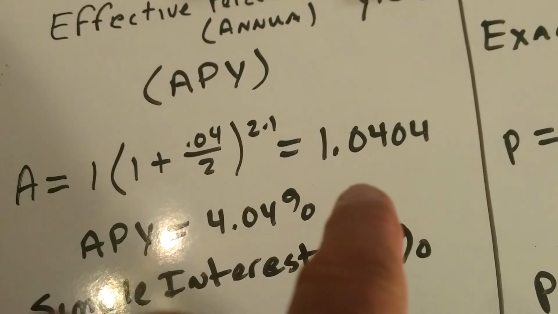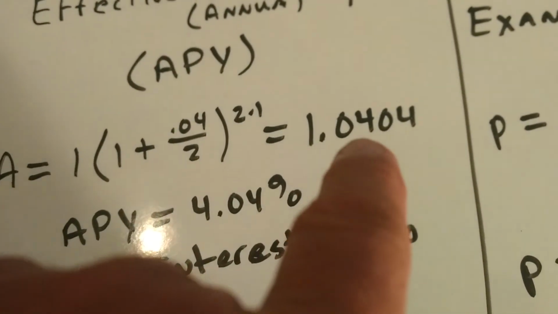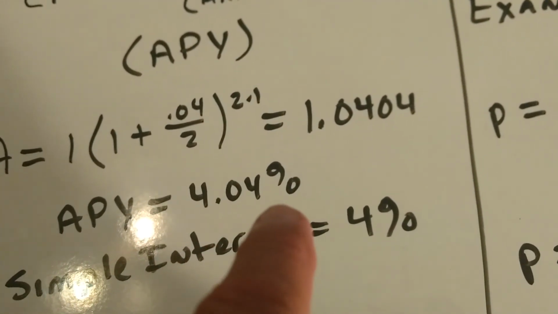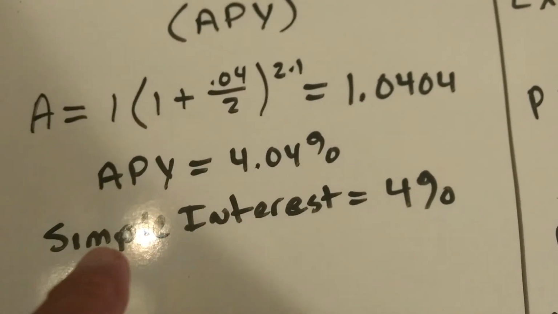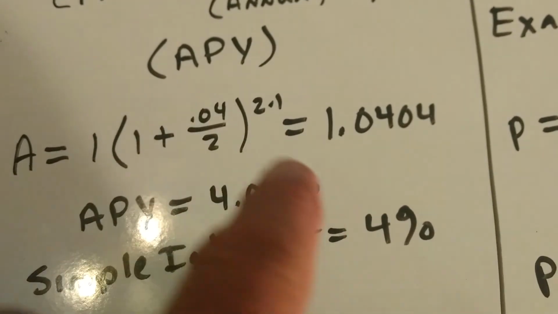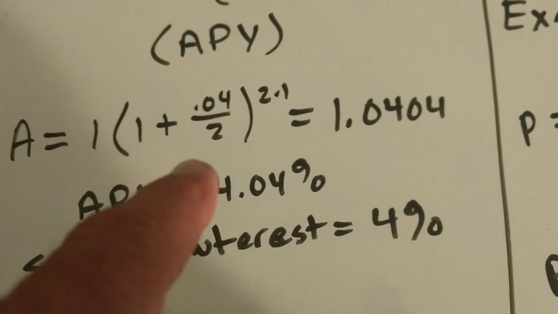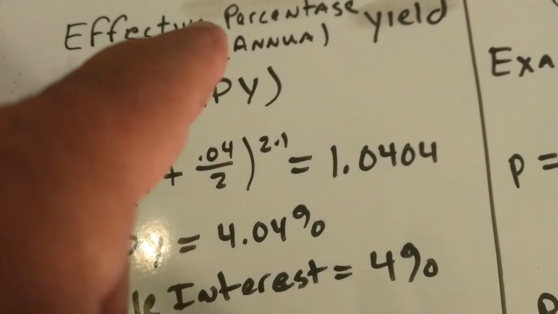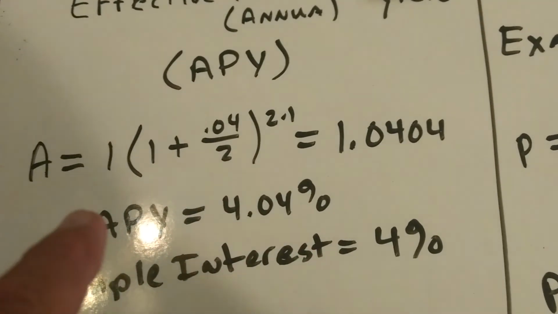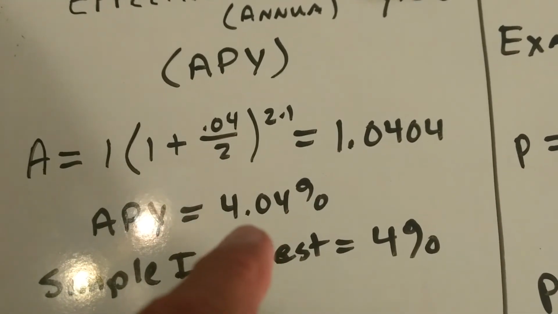If we do this math, we get 1.0404, which means that this 0.0404 is 4.04% interest. If we were to do the same thing with simple interest, it would only be 4%. So even though we're at 4%, if we compound it, in this case semi-annually, our APY, effective percentage yield, is actually 4.04. So remember, compounding the interest more than once a year is going to gain you a certain amount of money.